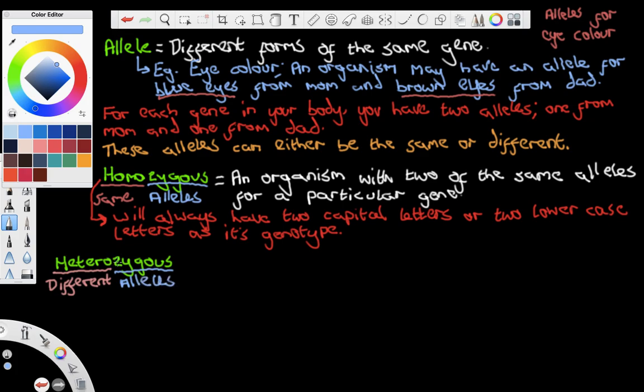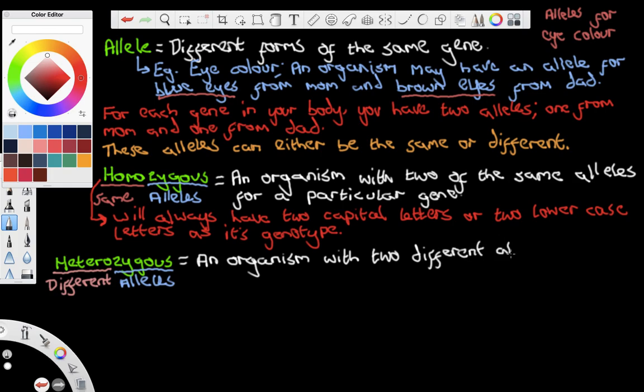So if you are heterozygous, you have 2 different alleles for a particular gene. So a heterozygous is an organism with 2 different alleles for a particular gene.